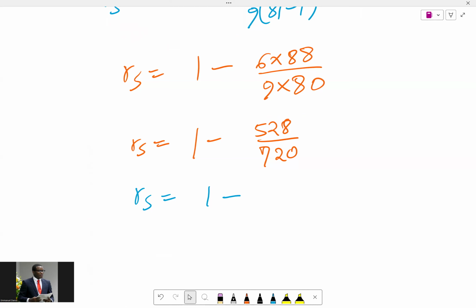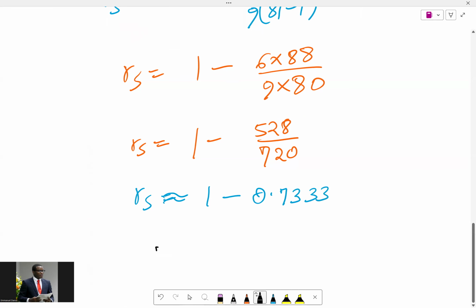So that is 0 point, and at this point it becomes like an approximation. Let's do it to four decimal places: 0.7333.